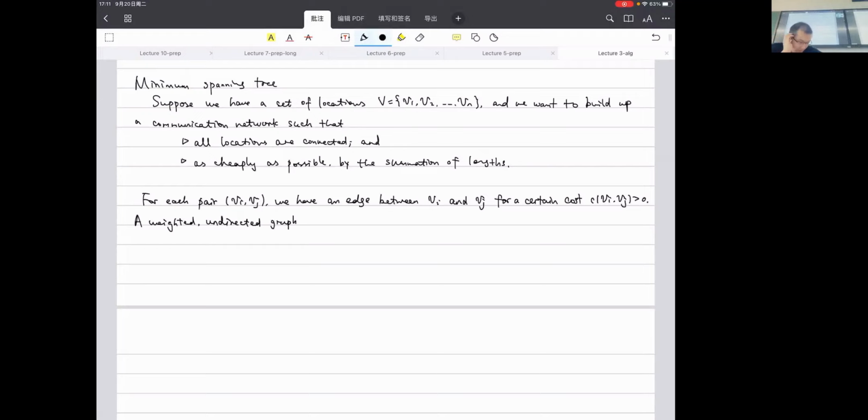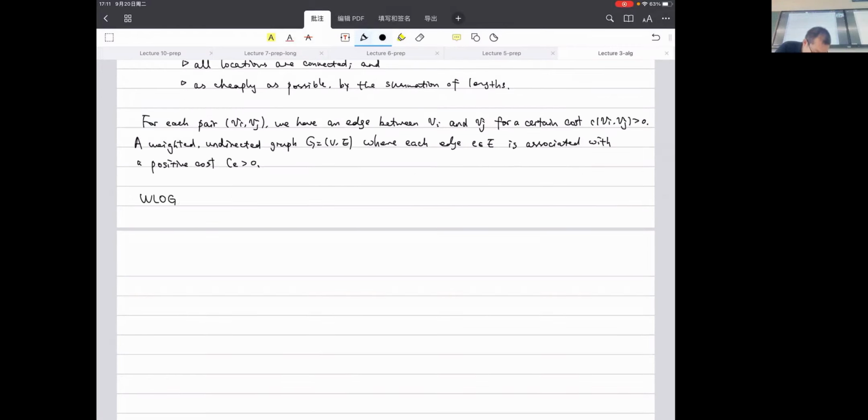So for our convenience, we consider weighted undirected graph G equals (V, E), where each edge is associated with a positive cost, and we denote this as C of E, which is larger than 0. Without loss of generality, we assume different edges have different weights.